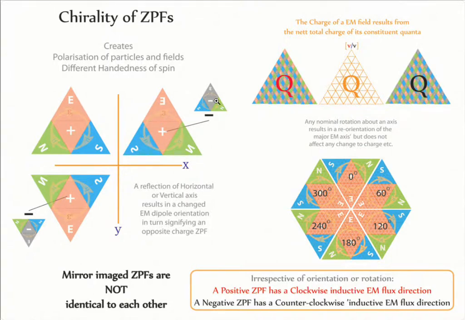The reverse direction is obviously reflective of a negative charge, as is the dipole south-north now instead of north-south.